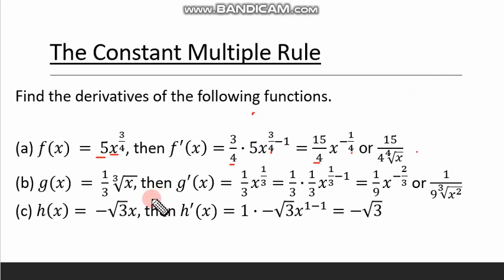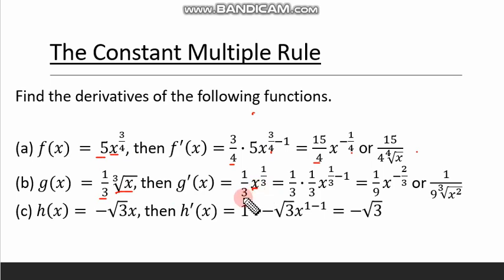Second example, the g of x here is 1/3 times the cube root of x. So we have a constant here, 1/3, and we will use the power rule again to solve the derivative. But first, we have to convert this into a power function. So that's equivalent to x raised to 1/3.